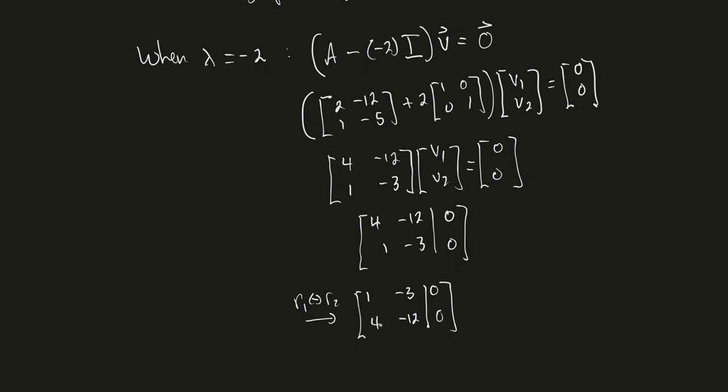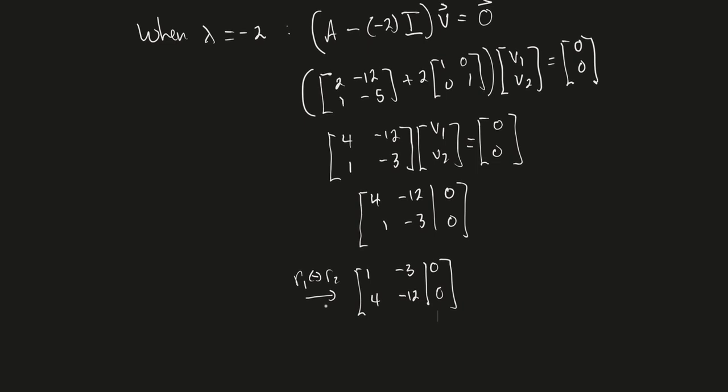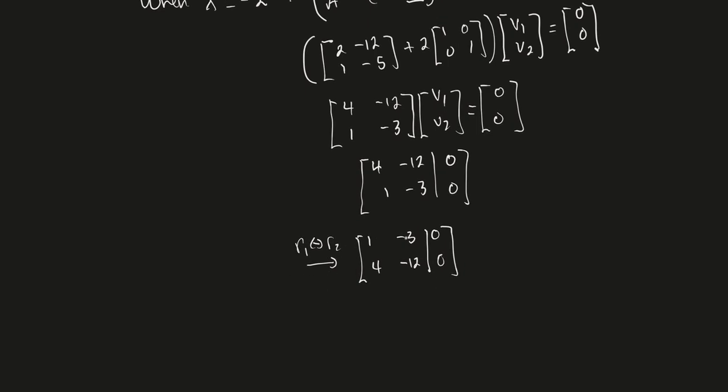And again, if I eliminate the 4, I am going to automatically eliminate the negative 12, right? In fact, if you get to this stage and you don't end up with a free variable, it means something is wrong, because we have to get infinitely many solutions, right? And to see that, if we do negative 4 times row 1 added to row 2, we get 1, negative 3, 0, and then we have a 0 there, and a 0 there, and 0 there, right?